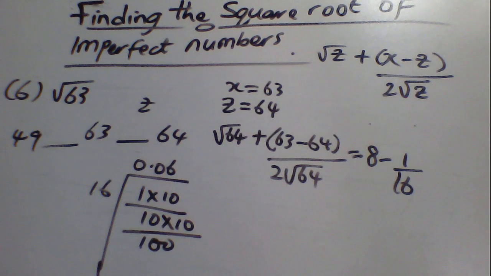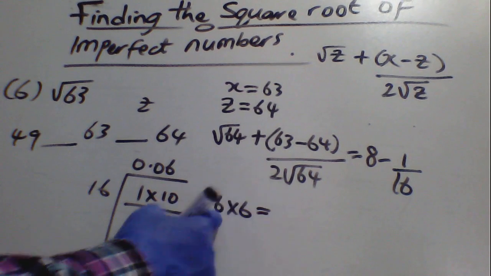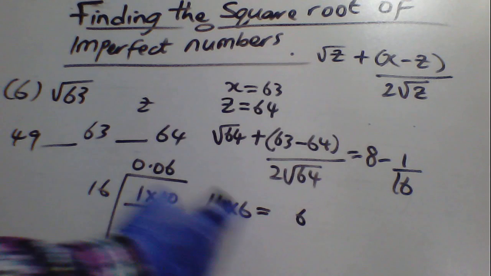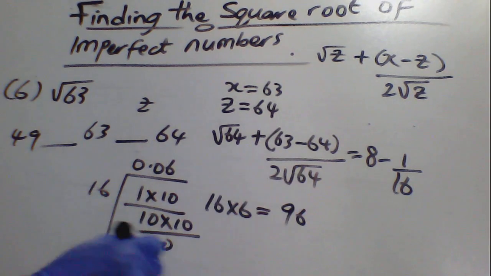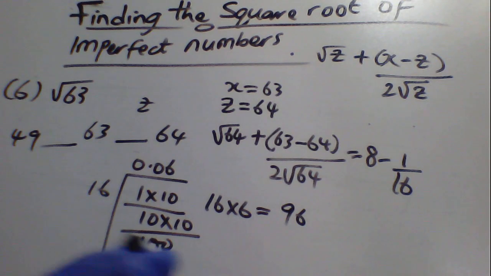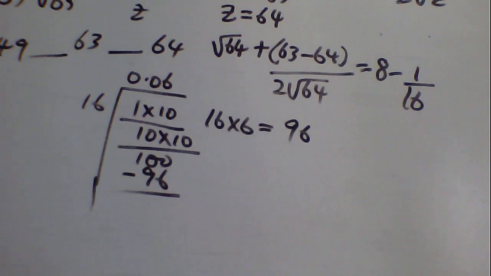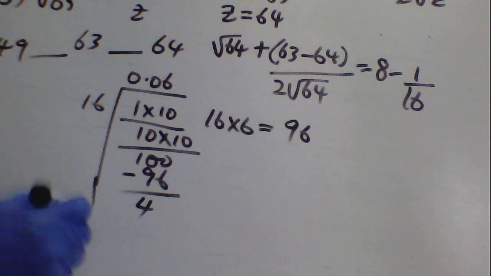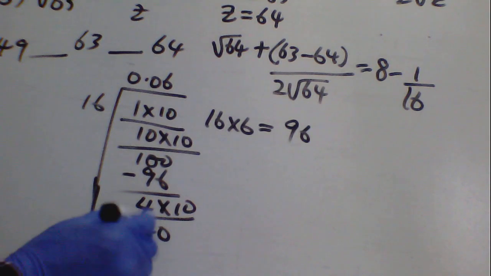There are 6 sixteens in 100, because 16 times 6 will give us what? 6 times 6 will give us 36. You write 6, carry 3. 6 times 1 is 6 plus 3 will give us 9. So 96. You subtract 96 from 100. So 100 minus 96 will give us 4. 4 divided by 16, it cannot go, you multiply by 10, have 40.